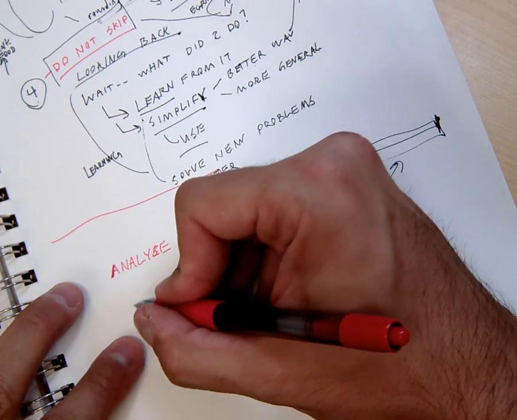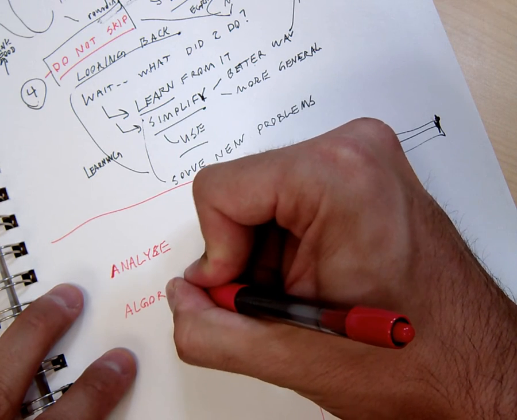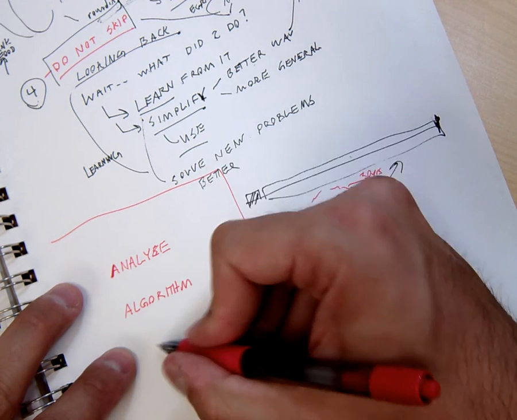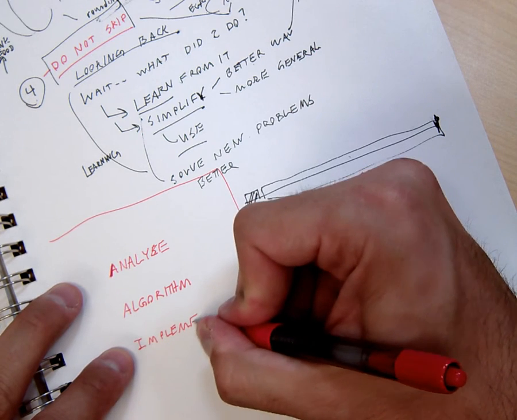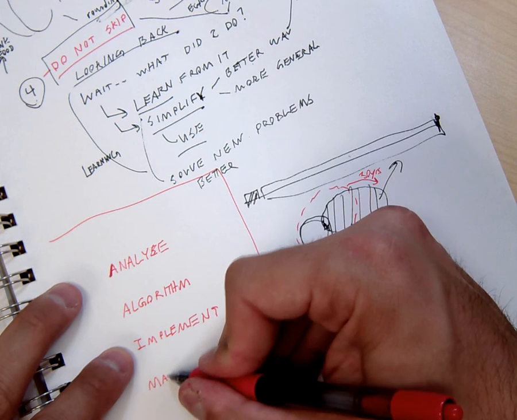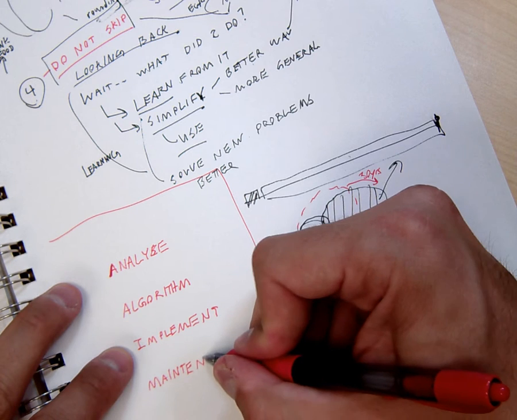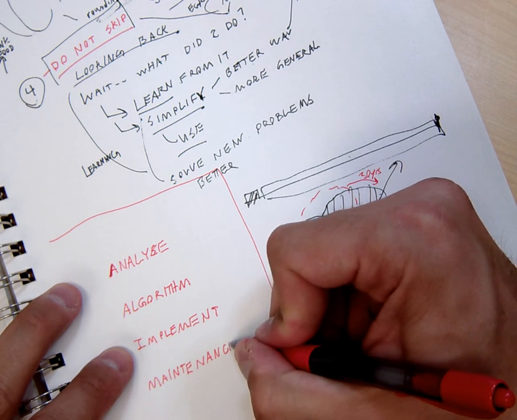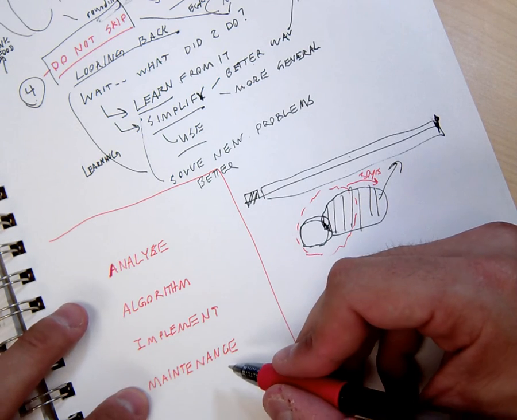And then they call that second step algorithm development. And then that next step, implementation. And then that last step they're going to call maintenance. I have a little bit of a problem with that because it focuses on the use of it rather than your personal learning experience.